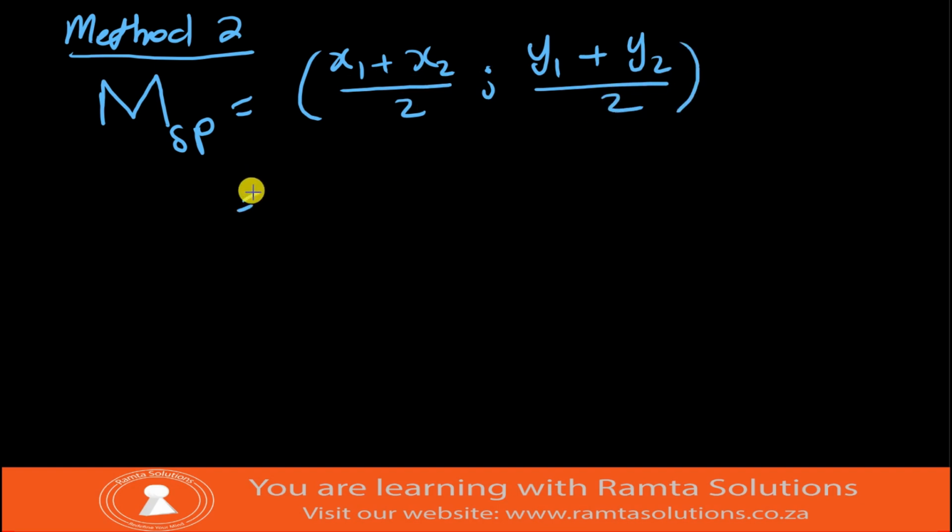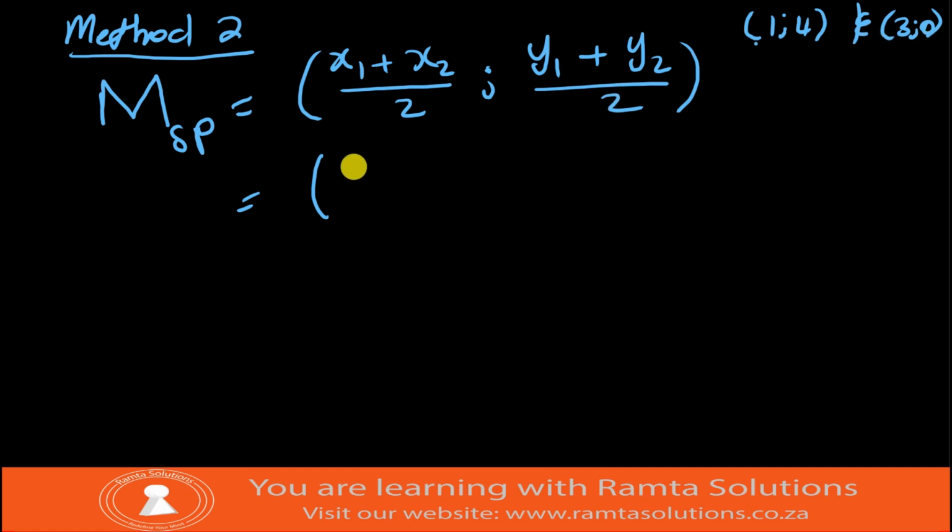What will it be? Let's say our points were 1 and 4. What was the other one? 3 and 0. So let's say this one is point 1, this one is point 2.